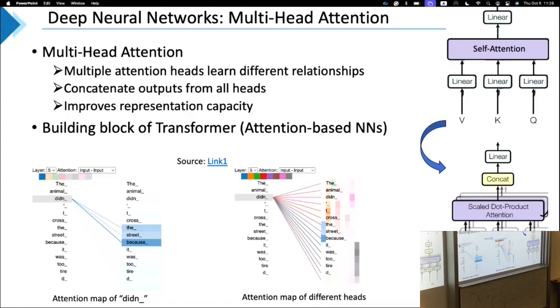For example, here we use the same "didn't". We plot the attention map of "didn't" with all the different tokens under different heads. We finally get different kinds of relationships. They all represent different semantic contexts. So this is the basic computation of multi-head self-attention.